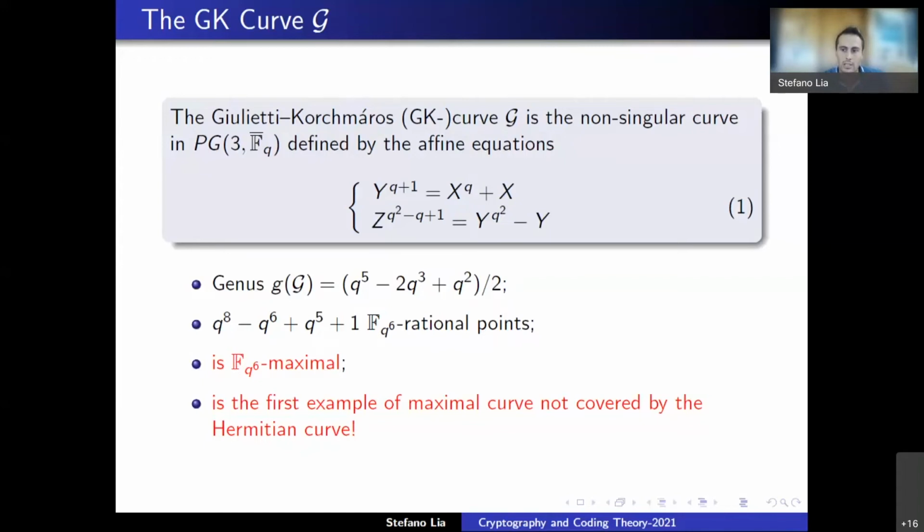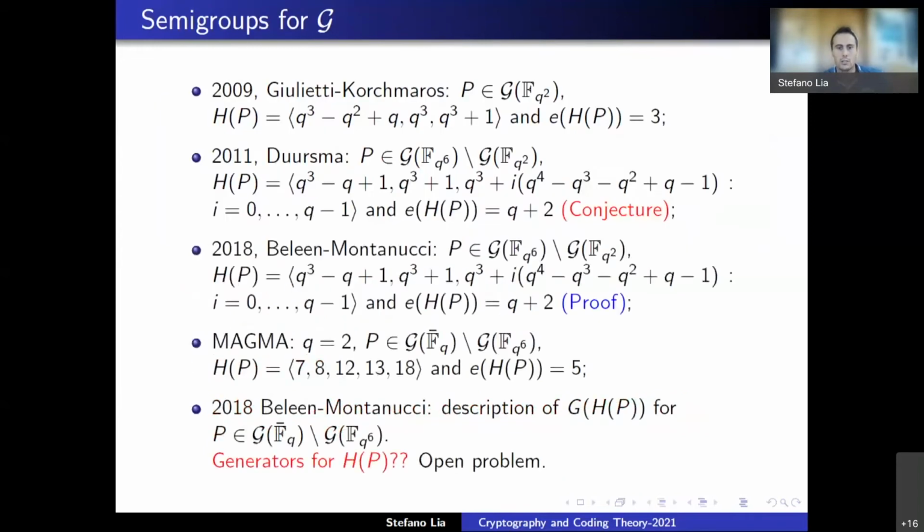And also, of course, the Weierstrass semigroups. The situation is as follows. In 2009, introducing the curve, Giulietti-Korchmáros also provided a description of the Weierstrass semigroup at points which are F_{q^2}-rational. And in this case, we can see that there are 3 generators in a minimal set.